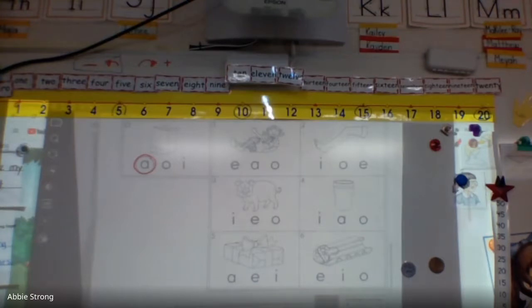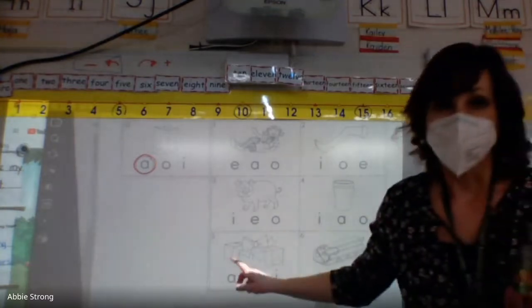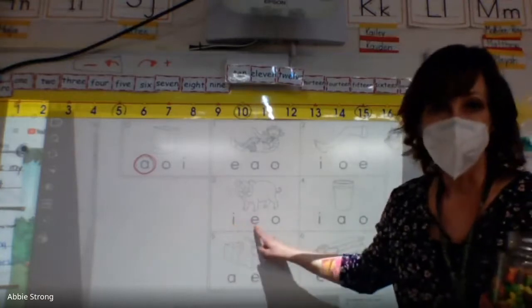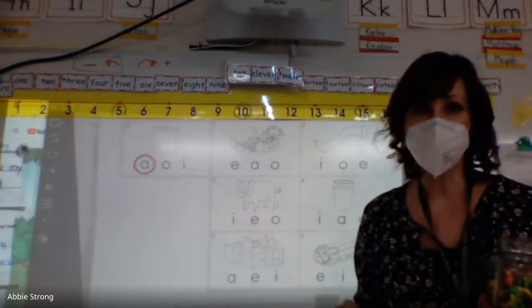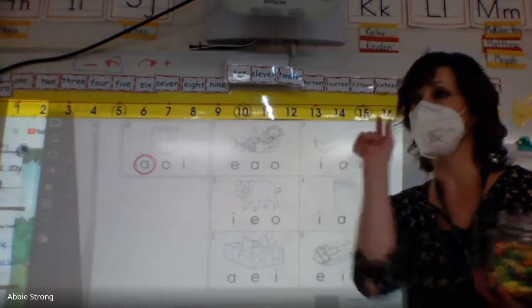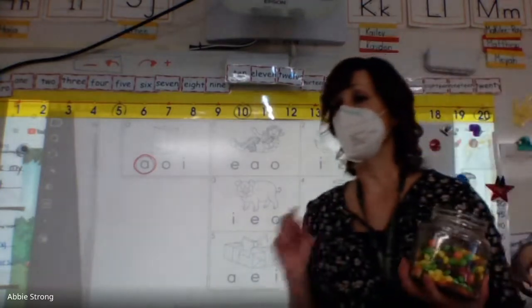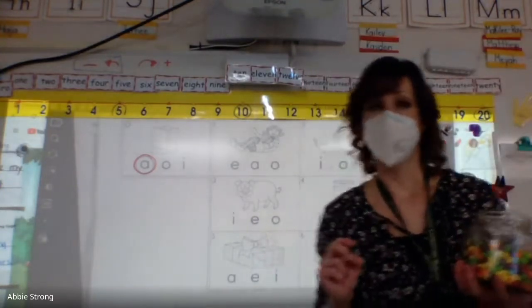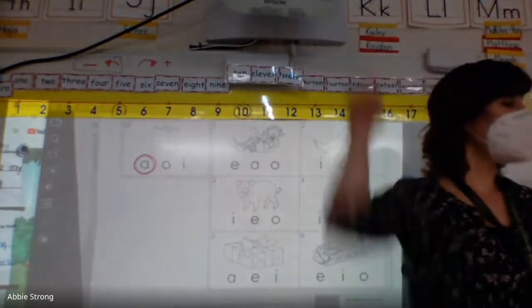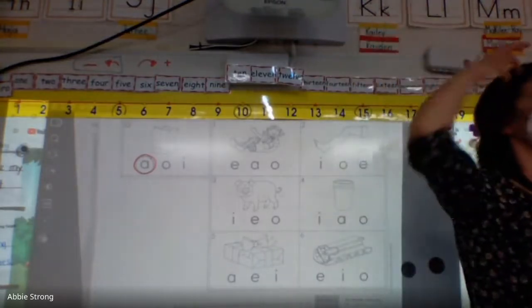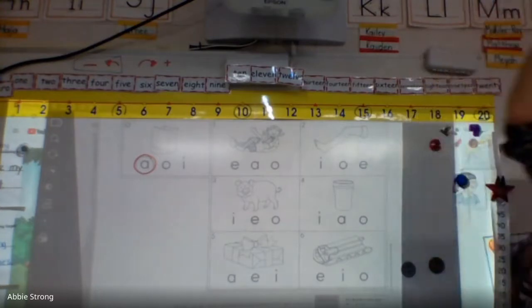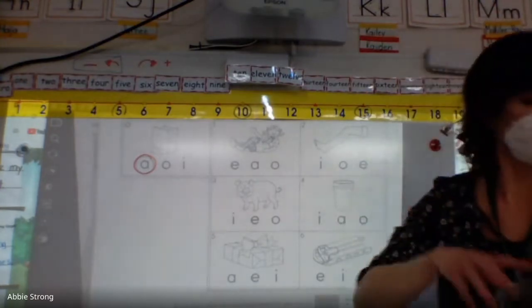Circle the letter with the picture of the pig that shows you the middle sound. You're going to write either an I or an E or an O on your paper to show the letter that's in the middle of the word pig. All right, thumbs up if you have that filled out. Fabulous. Look at the next one.